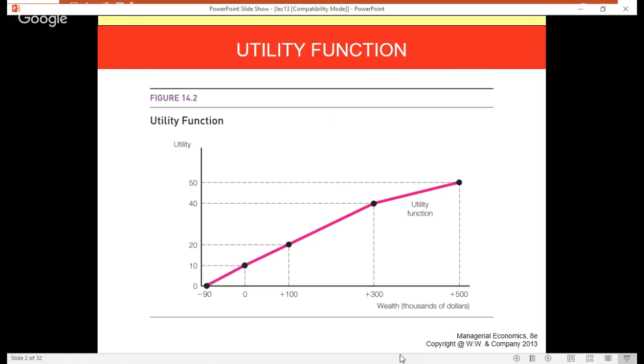If I drill and I get 100,000, in other words, 10,000 barrels, my utility is 20. If I get 300,000, then my utility is 40. Then I can derive my expected utility by assigning probabilities to all these cases, and that gives me my utility function. Questions?